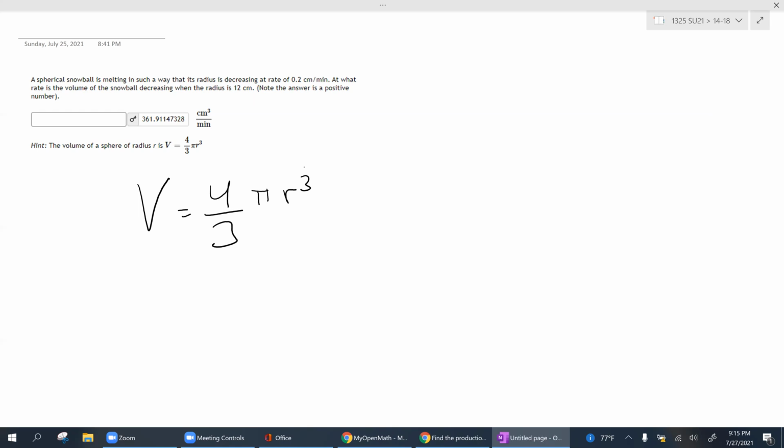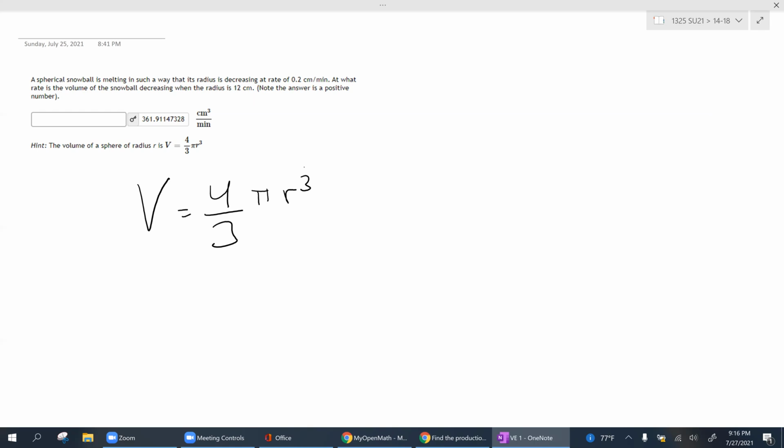All right. What I need to do now is derive with respect to time. Just like the x y example we did before, whenever you take the derivative of a variable, you're going to write d, that variable, over dt.